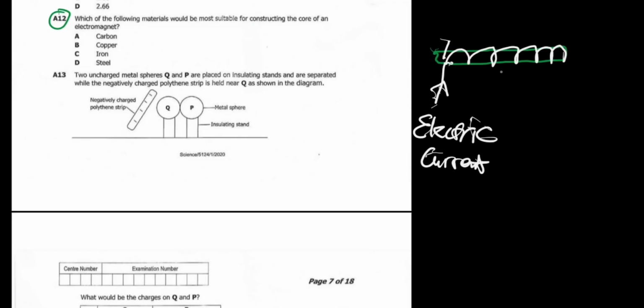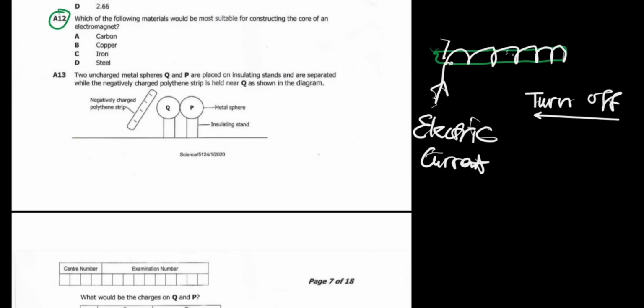And the good part about this is that the reason why they are used in such appliances, or even in motors, is that when you turn them off, this core loses its magnetism. So when it loses its magnetism, then nothing works at that moment because you've turned the electric current off.